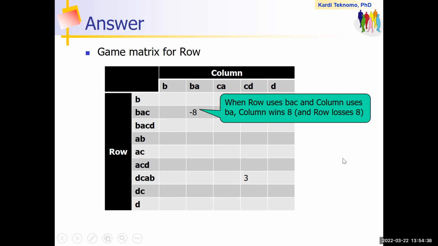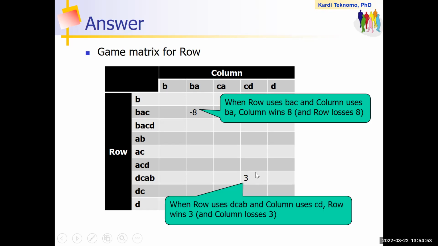So from the real games, you can show the path and all the alternatives, and you can start to see how you create the matrix. The same thing here. If the row chooses D, C, A, B, and the column chooses C, D, the path, then the row will win 3 and the column will lose 3. Is there any question? Clear or not? Divi?